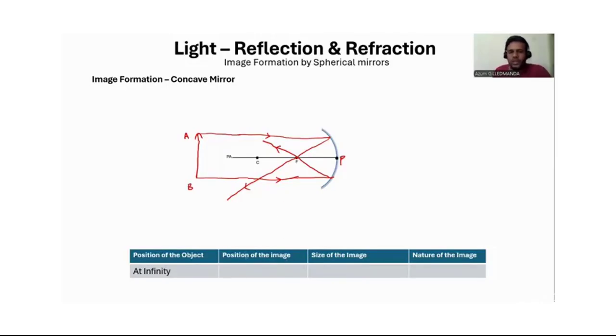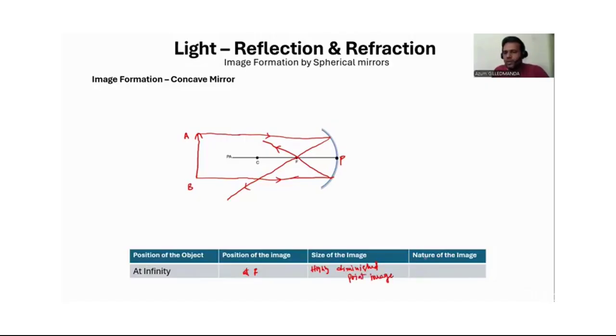The position of the image is at F. So when the object is at infinity, the image forms at F. And what is the size of the image? The size of the image is highly diminished, just like a point image, and we also call it a point image.